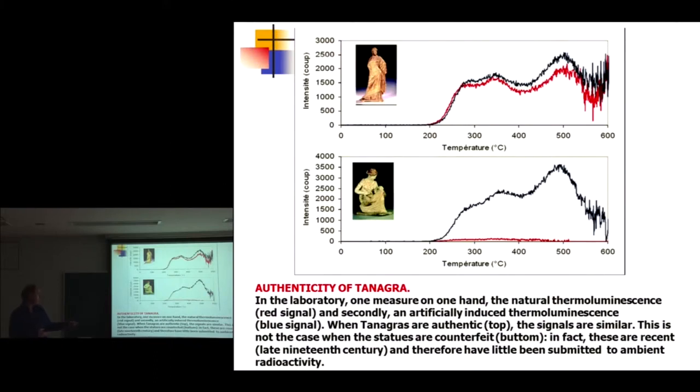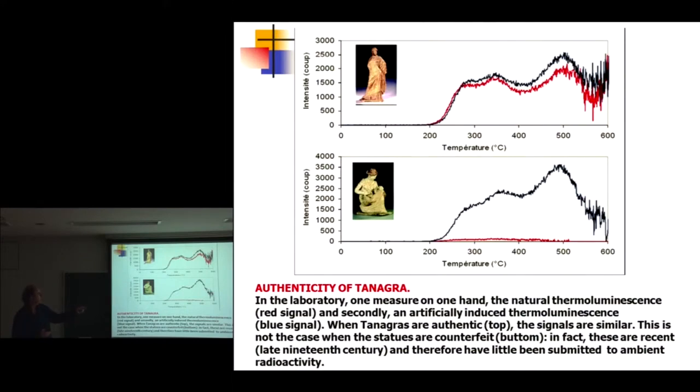So they use thermoluminescence. For instance, this is a thermoluminescence profile. You see, it's coming from room temperature. So they don't need to go below room temperature. With a Risø apparatus, it's classical to go from room temperature to 600.